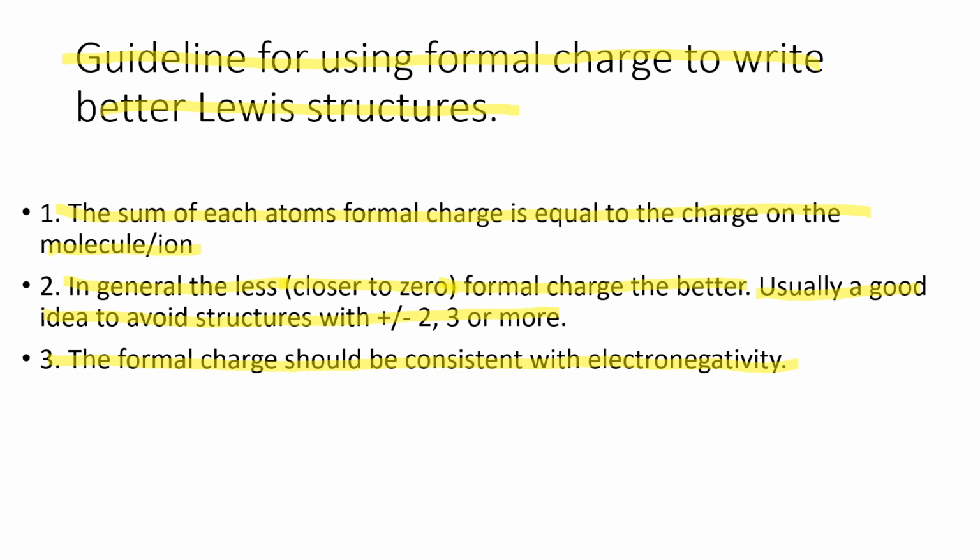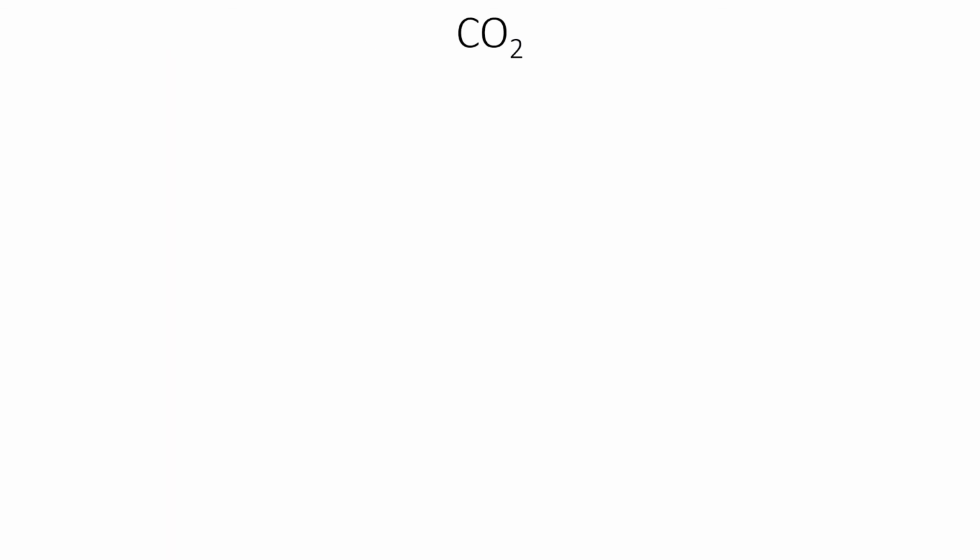They should tell the same story, not be conflicting. So with these ideas, let's see how we can use this in order to break a tie. So we're going to have a couple different structures for molecules that are pretty equivalent, but we're going to see that with formal charge, we can truly decide which one is the correct one.